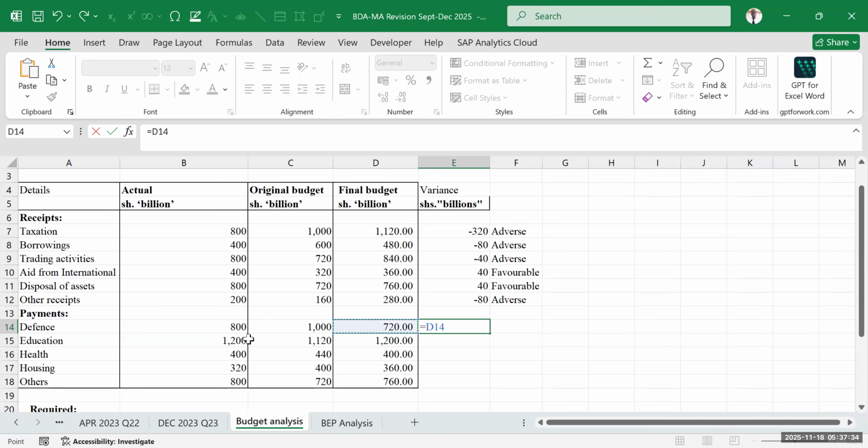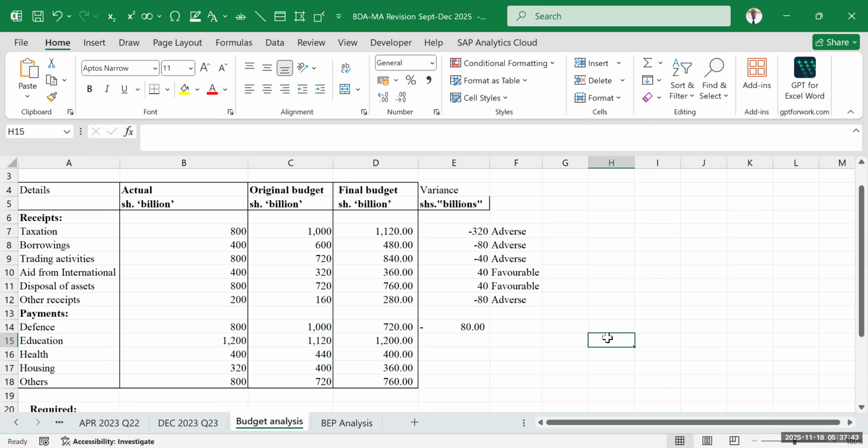So I will pick on 720 final, compare it with the actual, and then you get an outcome of negative 80. We can bring on board our logical function to reason together.